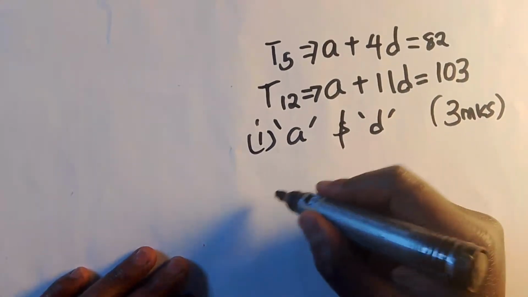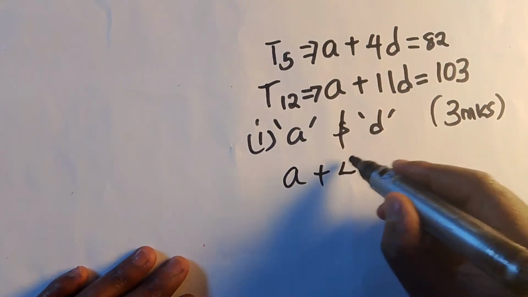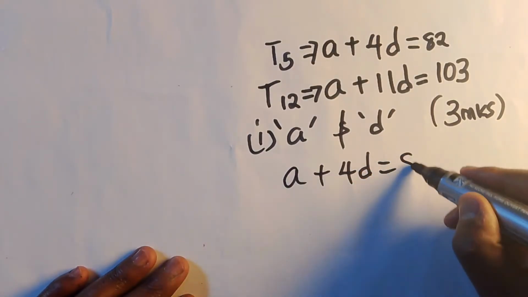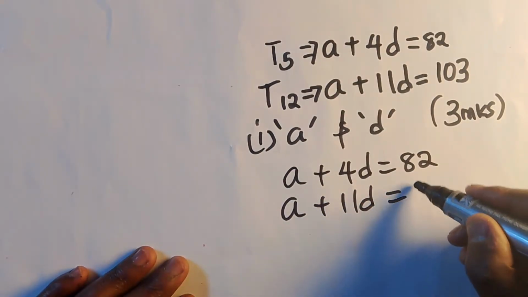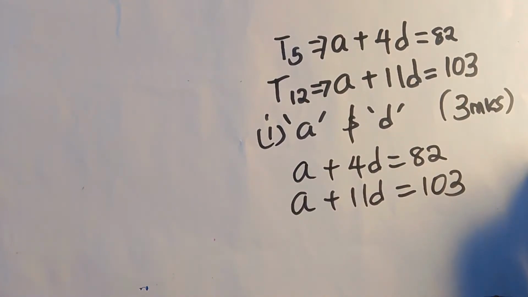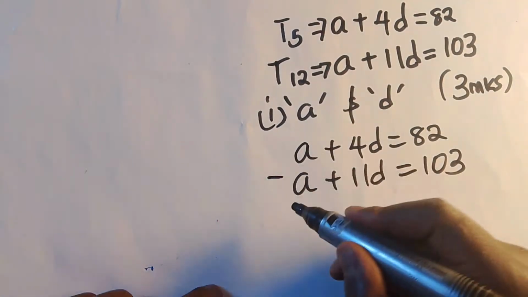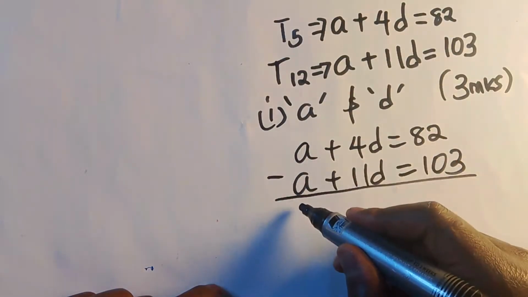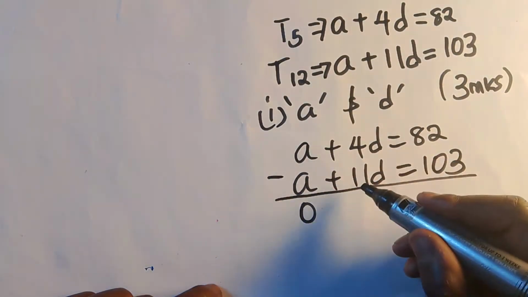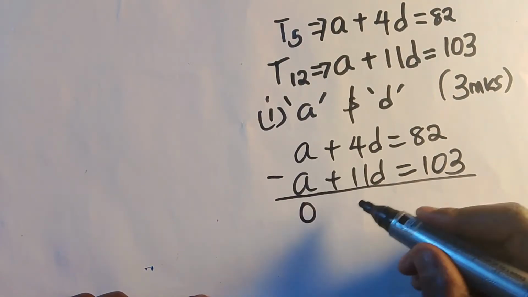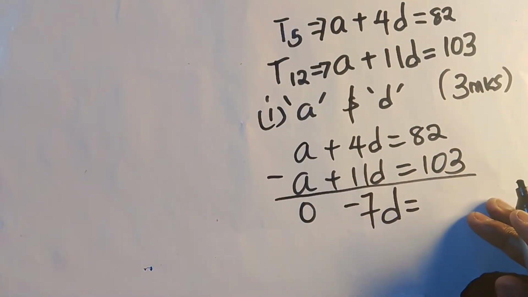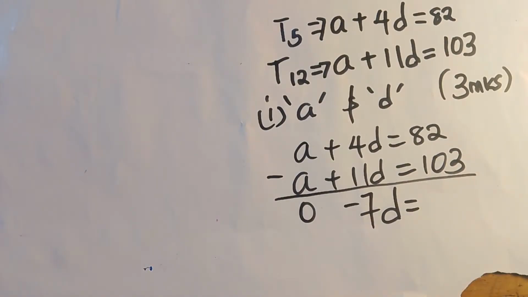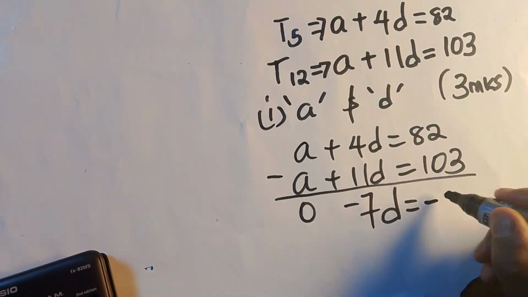So we have two equations: a plus 4d is equal to 82, and a plus 11d is equal to 103. These are two simultaneous equations, so we are going to subtract. a minus a is 0. 4d minus 11d is negative 7d, equals 82 minus 103, which is negative 21.